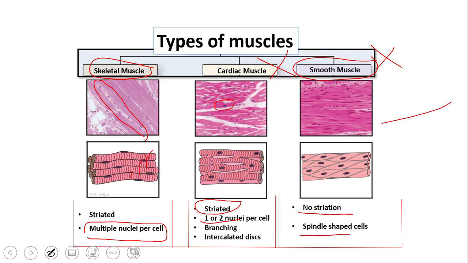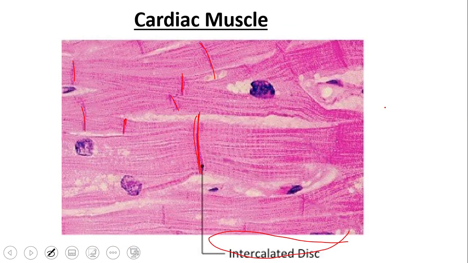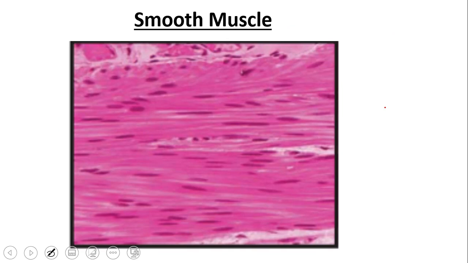So there are narrow ends: a narrow end, the other narrow end, and here you have the nucleus. If you see spindle-shaped cells, you are looking at a smooth muscle. So here are the spindle-shaped cells of the smooth muscle.